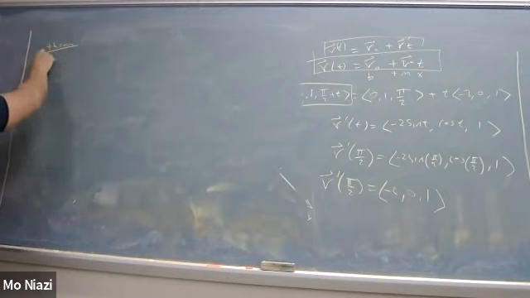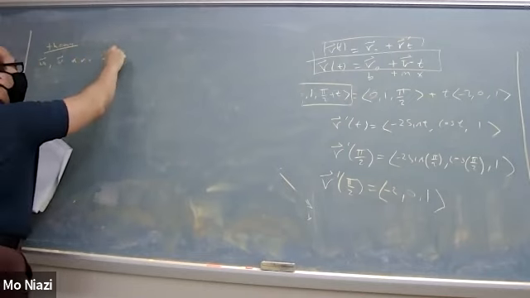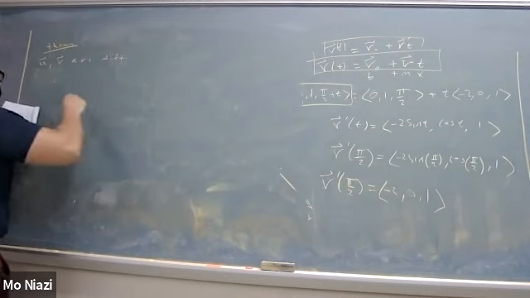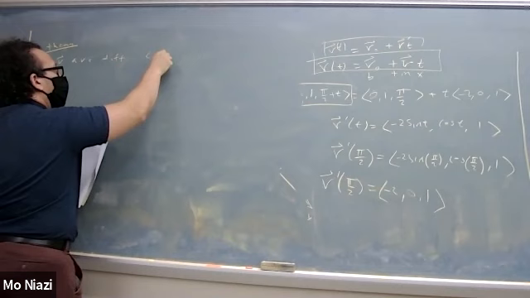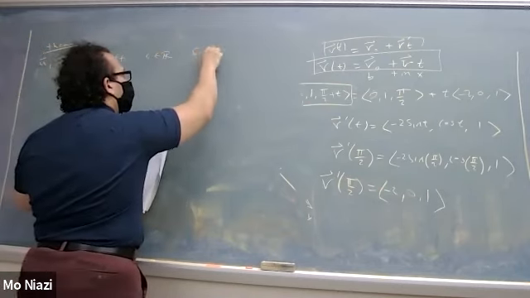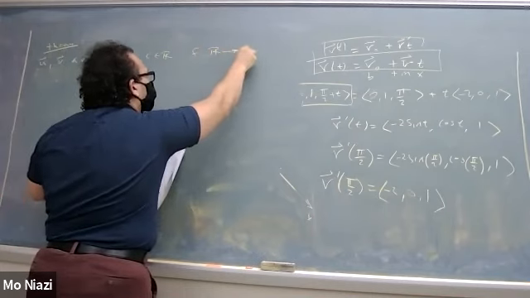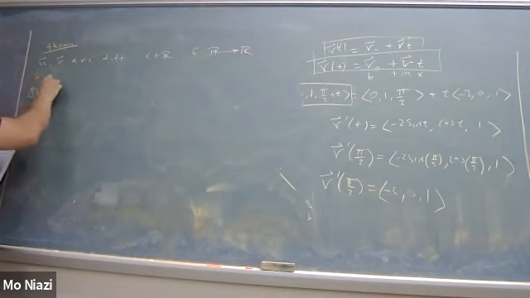Let's say u and v are differentiable vector functions, and that c is a scalar, and f is a real valued function. So we can say these things.